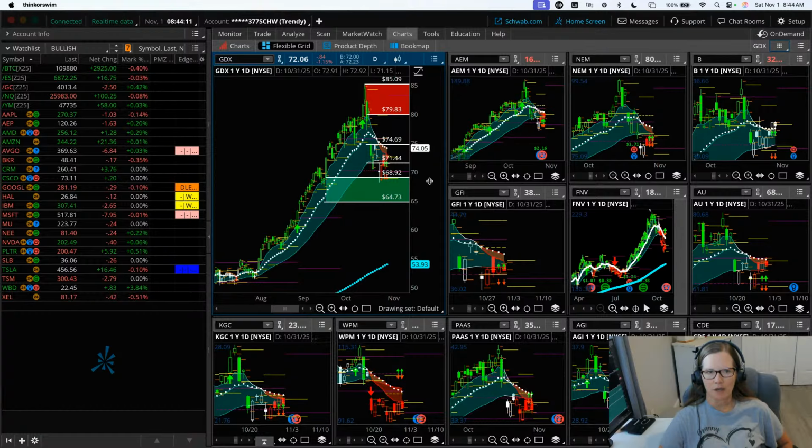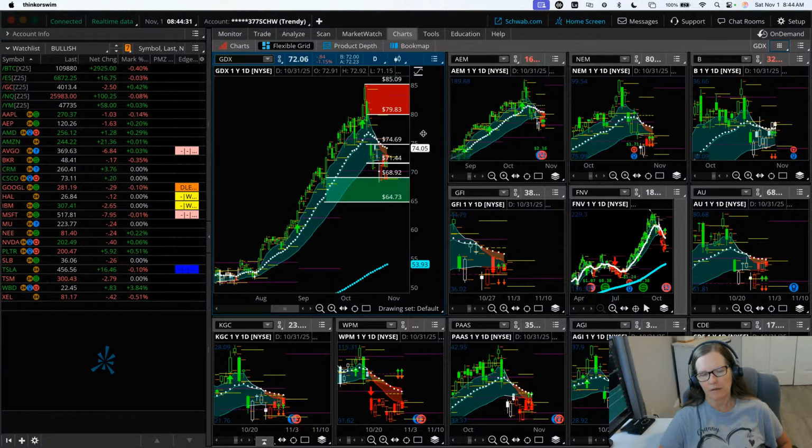So here's an interesting idea as well. You don't have to necessarily trade the names within the sector. Some sectors have enough liquidity that you can just trade the overall sector.